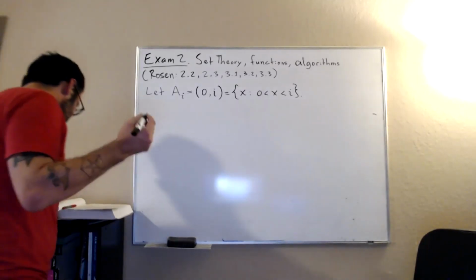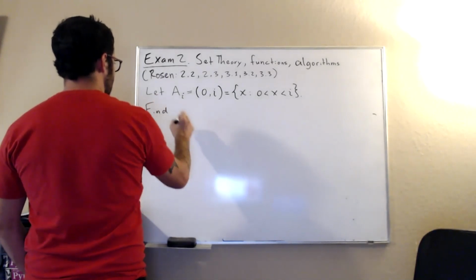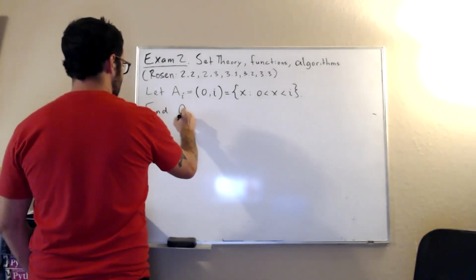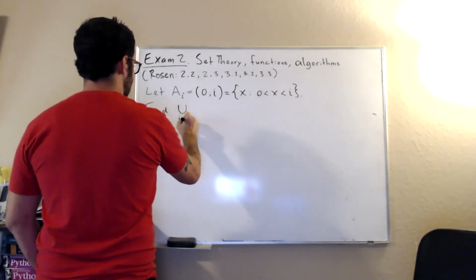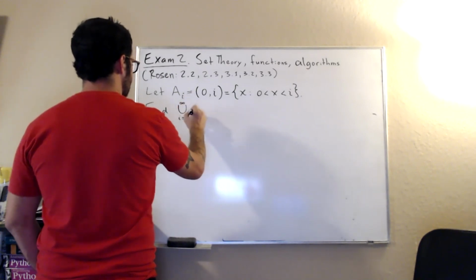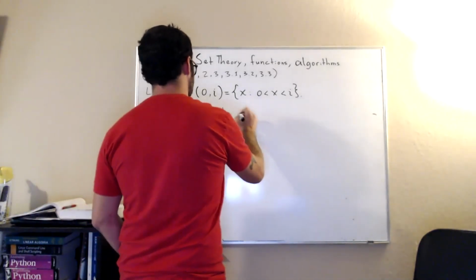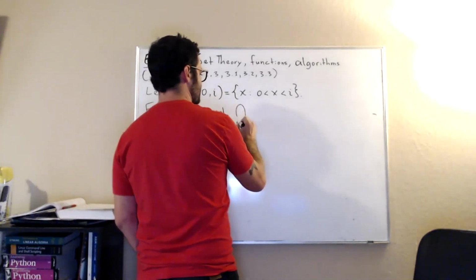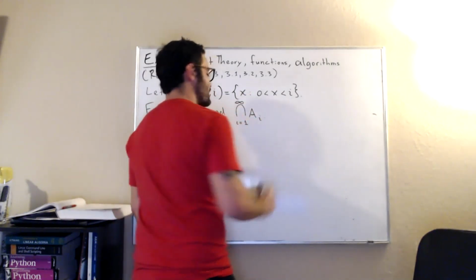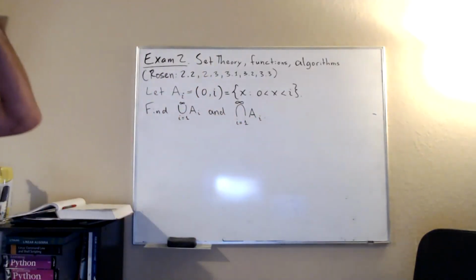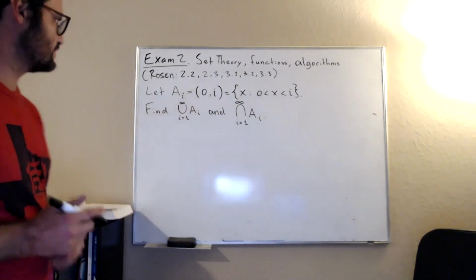Okay. And then the problem would be: find the infinite union, I'll start with the union actually, of I equal 1 to infinity of A sub I, and the infinite intersection, I equal 1 to infinity of A sub I. So I like putting these problems on the exam because it makes you really think about the set structure and what's happening with unions.